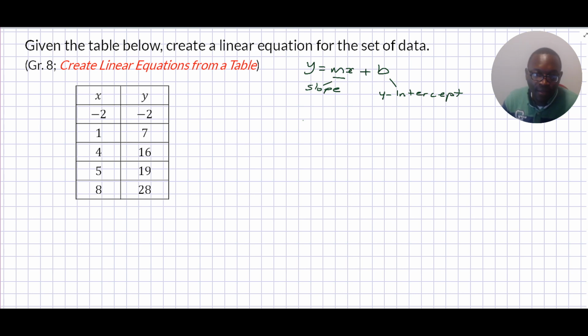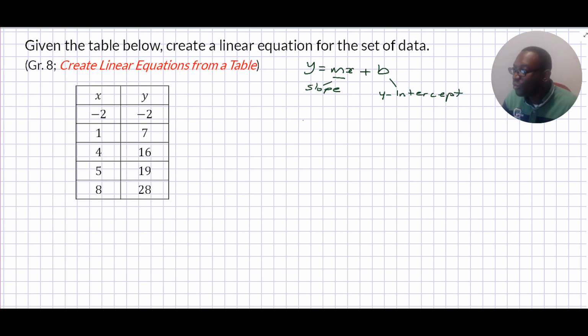Okay. I'm just going to wait for a few more seconds, and then I'll go ahead and show you how to do this. Okay, so we have this table below. We want to create a linear equation.